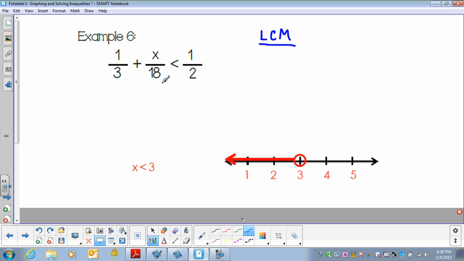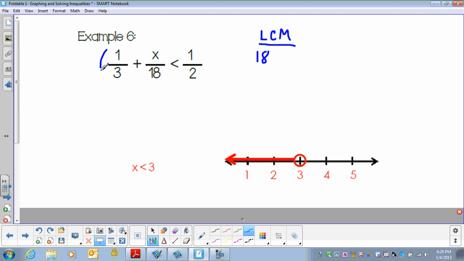I take the largest number, which is 18, and then I look at the first number, 3. Does 3 divide evenly into 18? Yes. Does 18 divide evenly into 18? Does 2 divide evenly into 18? Yes, they all divide evenly into this number, so it is the least common multiple.